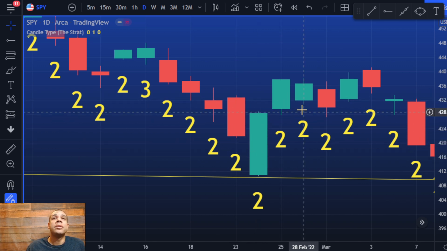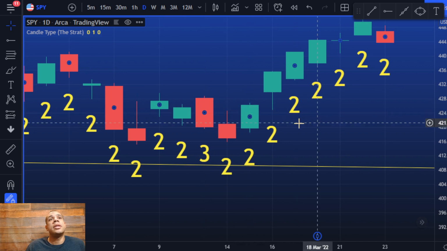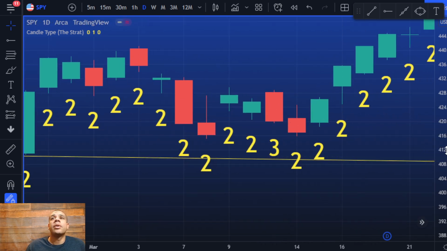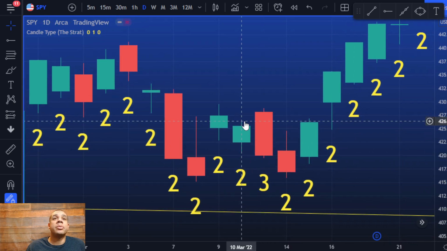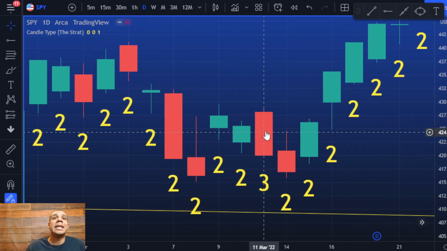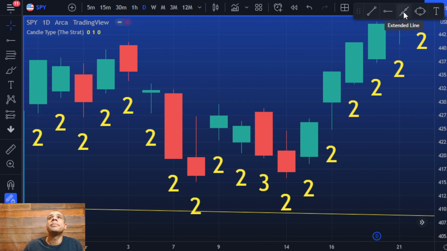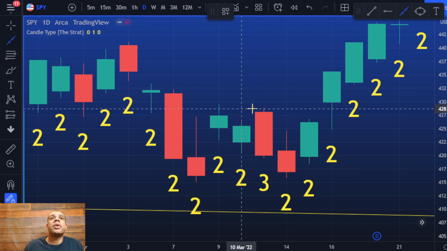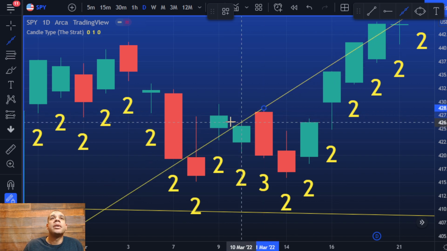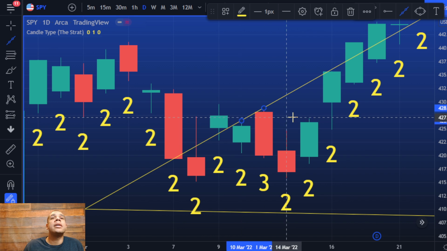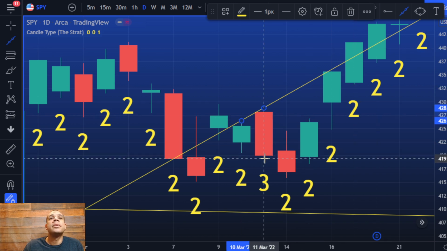And you have your scenario 3 right here, where it takes out both sides of the previous range. On a smaller time frame, this is a broadening formation. We're looking at SPY on the daily.